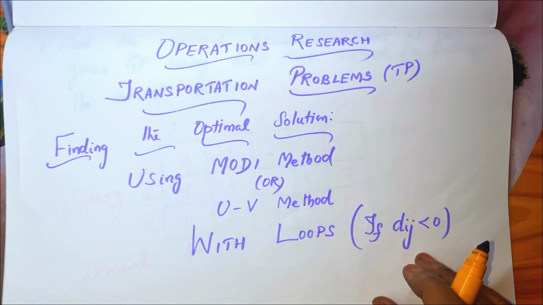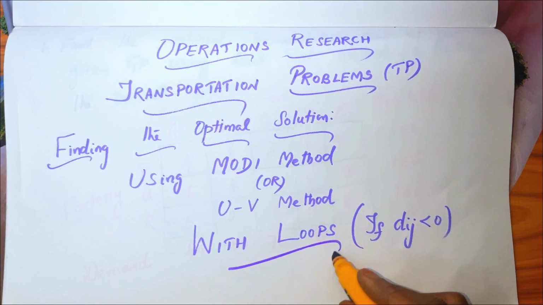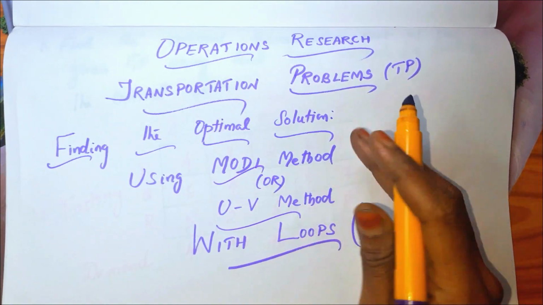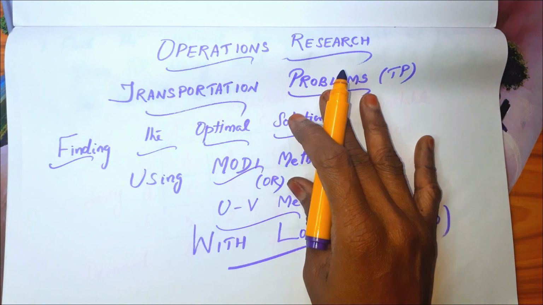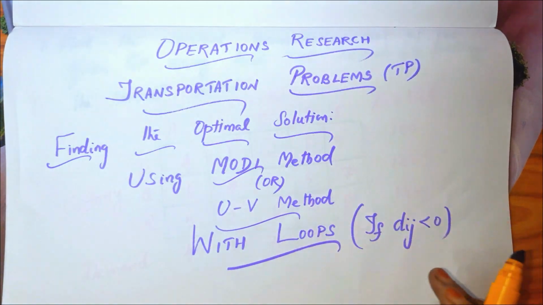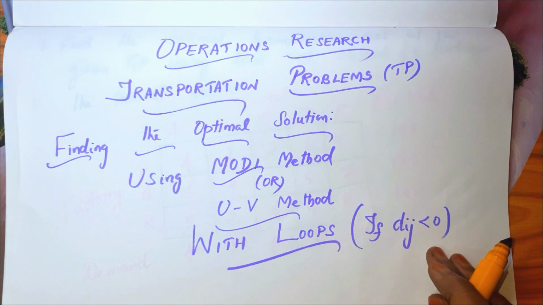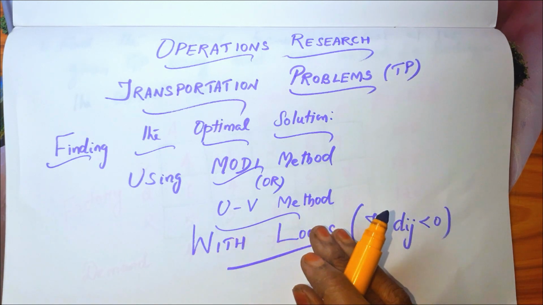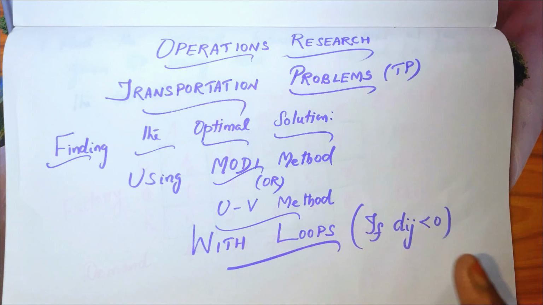That is, we are going to do a problem with loops. We can call the MODI method the UV method also. Here we get a negative Dij value. If it is negative, we have to form a loop, and from that we go for a better optimal solution.